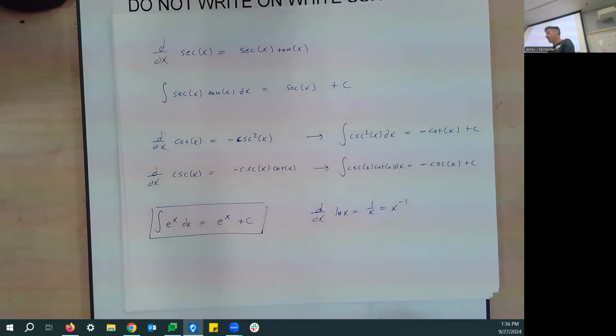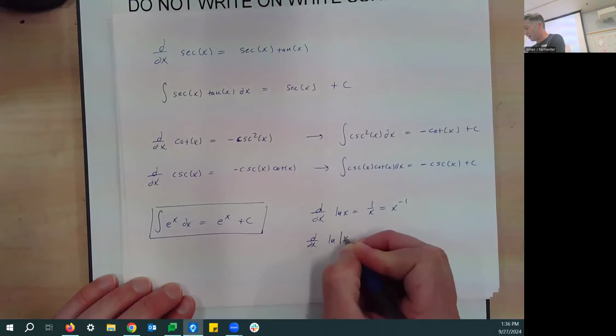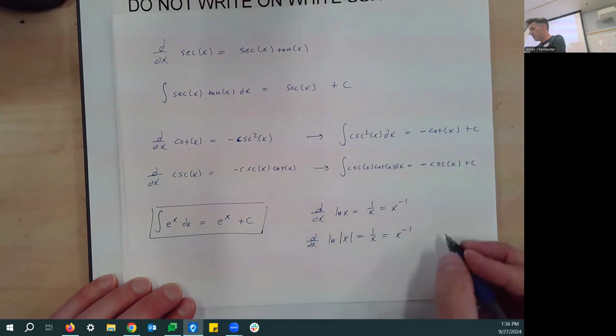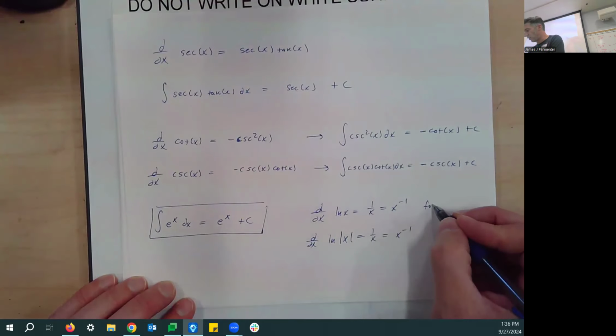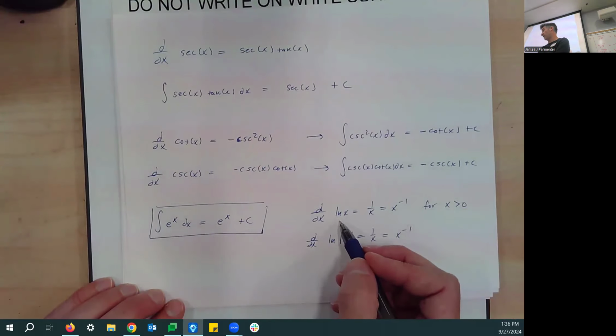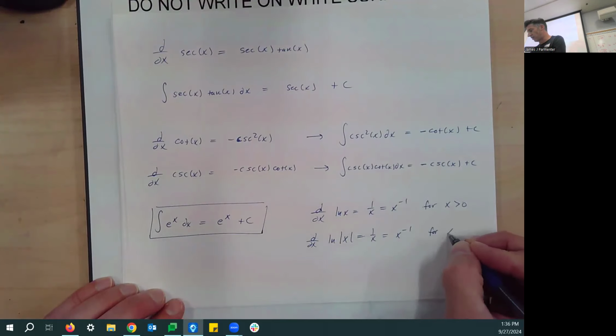Last class, I did mention how the derivative of the natural log of the absolute value of x is also equal to 1 over x, which is x to the negative first. The first one is for x being positive, because you can't take the natural log of a negative number or 0. But this one is for all x that are not 0.